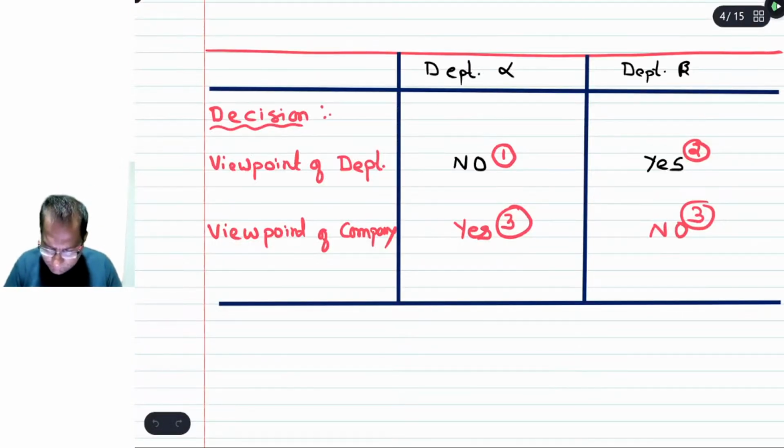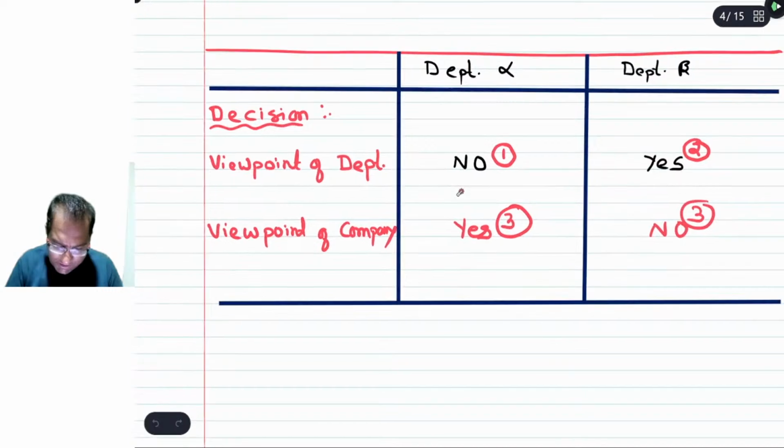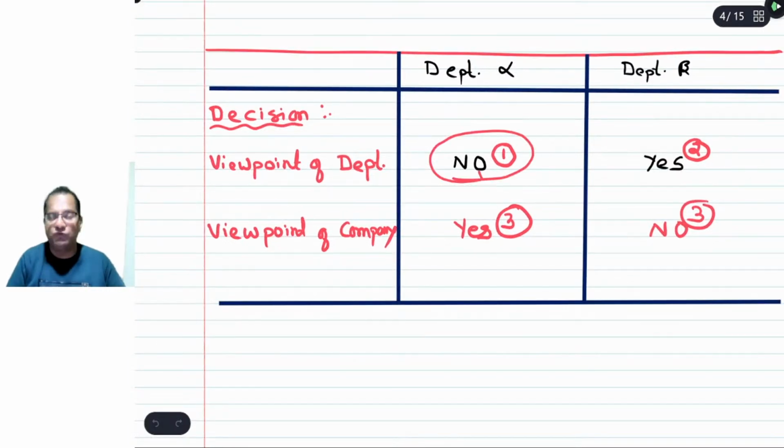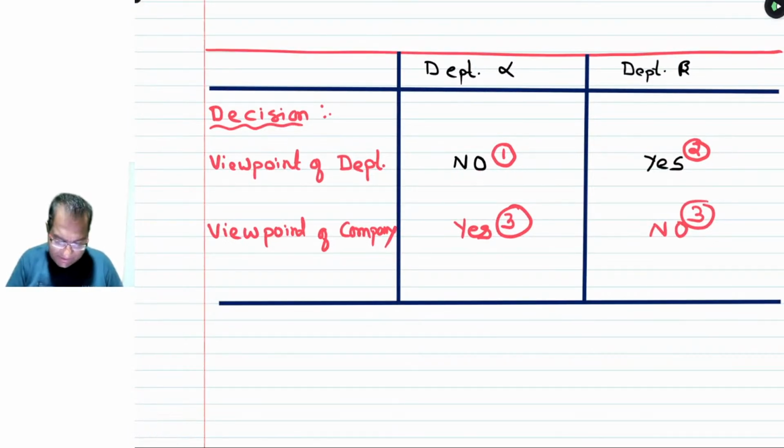Look, the department has said I do not want to make that investment, while the company wants the department to make this investment so that the company gets overall benefit. So department alpha decided not to invest, but that is not in the benefit of the organization, because the organization wants the department to invest. While in case of department beta, the department has decided that yes, I will make the new investment, but the company is forcing department beta that you should not do the new investment because the company is not able to recover its cost of capital.